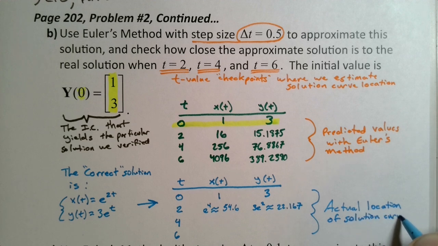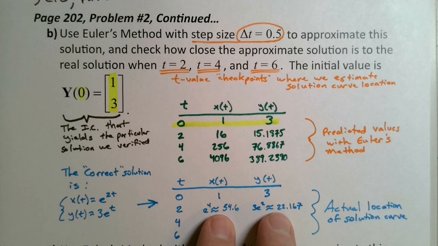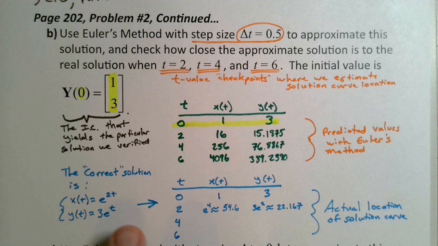So we know after 4 steps we're quite a ways off. But let's see what happens with the others. Take a second and do the calculations for t equals 4 and t equals 6. You could just use a calculator to come up with decimal equivalents. I'm going to write mine in as well.